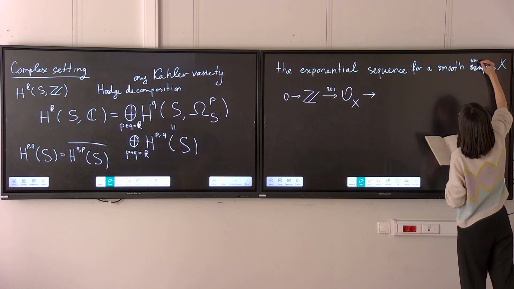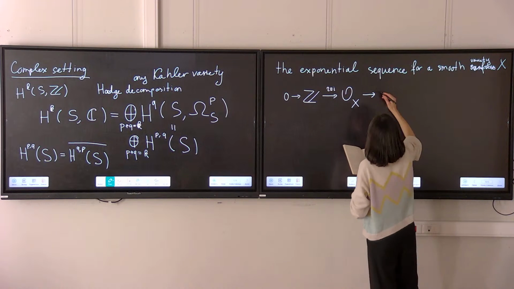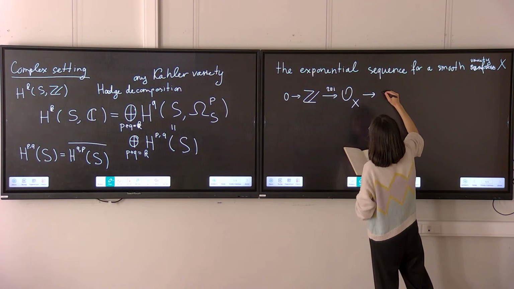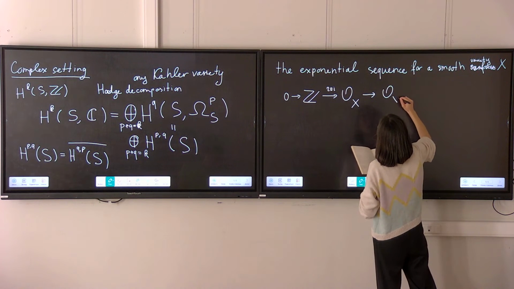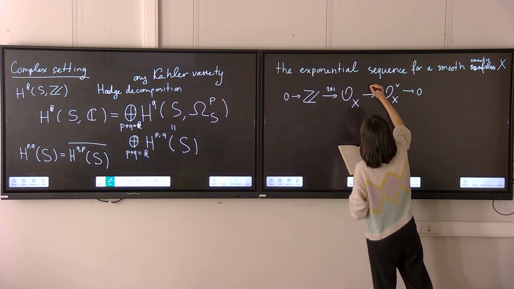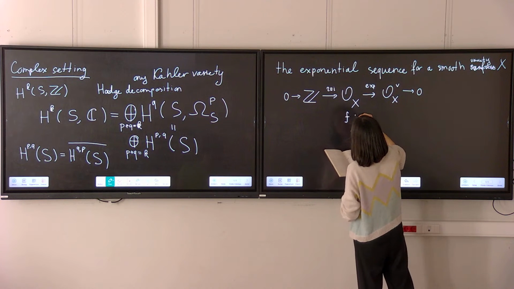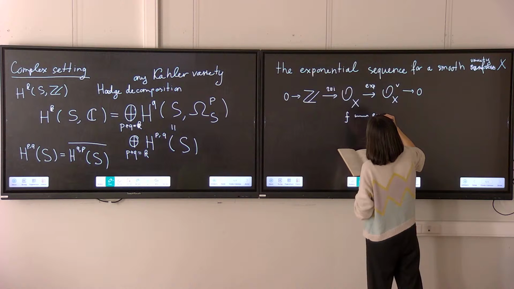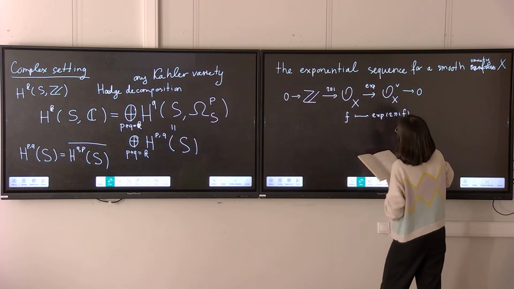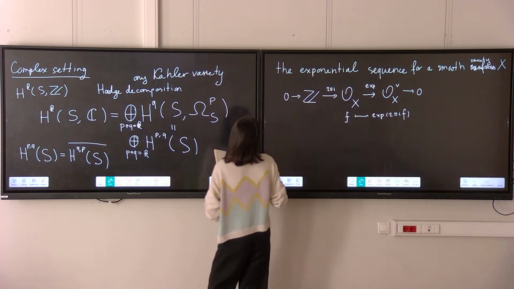Let me formulate it in general, because all these are general statements. So we have an exponential exact sequence. Here we have invertible sheaves, and this is just an exponent map that maps a function f to the exponent of 2 pi i f. We have such an exact sequence in the complex setting.